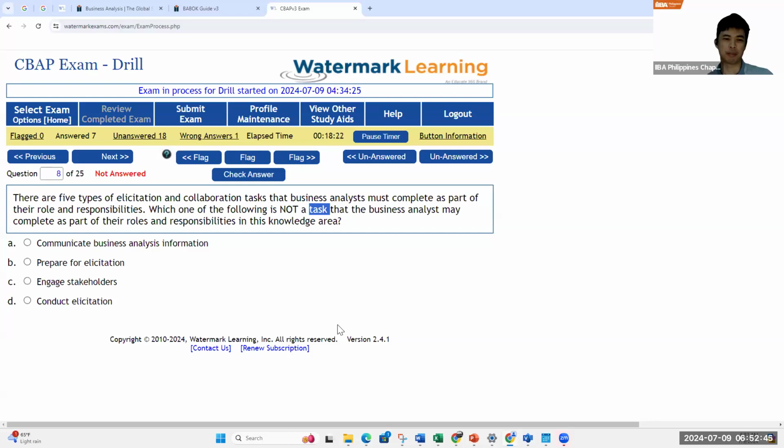Well, there was already a previous question that you got right about listing the tasks. So you should get this one too. So C is not a task in this knowledge area, is what you're saying. Anybody else?